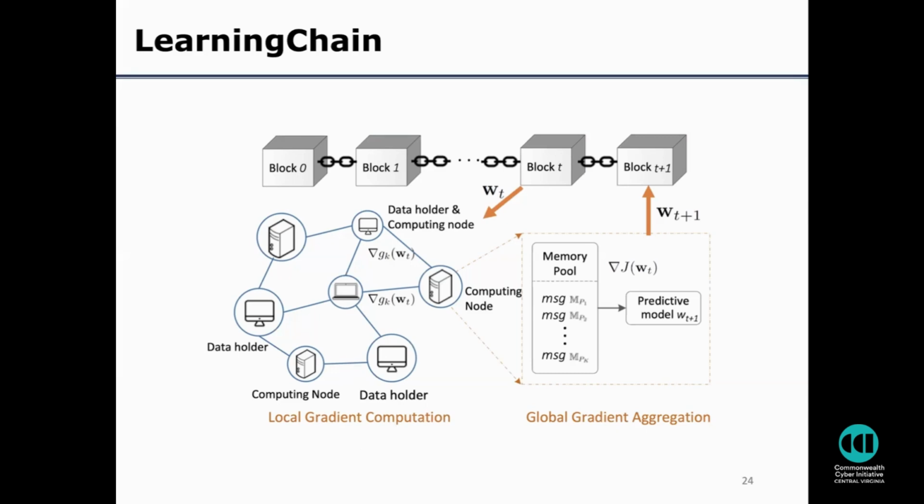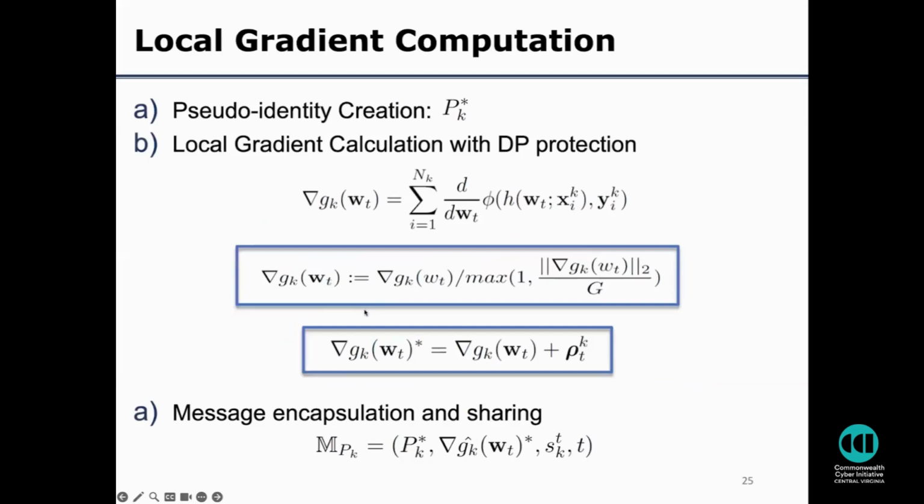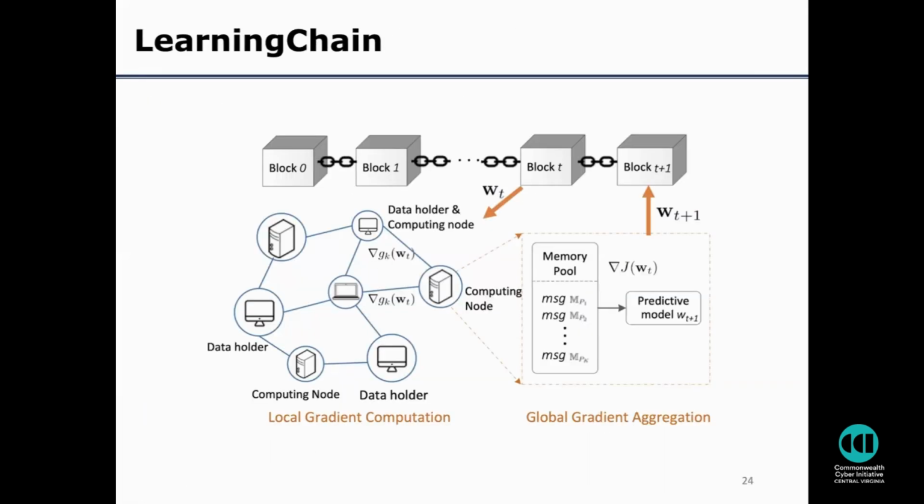So the data holders calculate the local gradients based on the current global model W, which is obtained from the current blockchain. For example, at the Tth iteration, this is the WT.